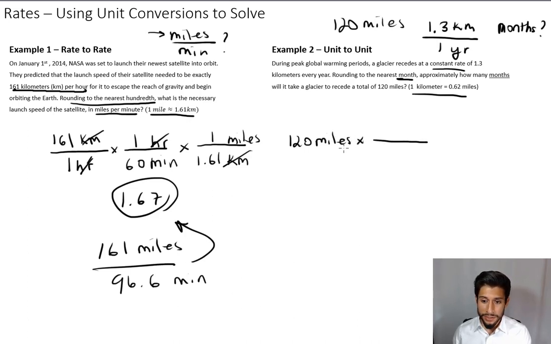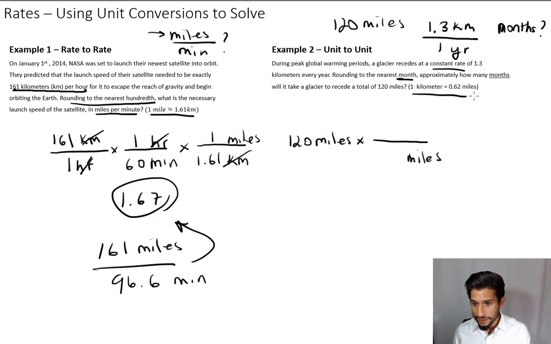And you're going to set up this thing, the multiplying cascade, right? So because I have miles right there, immediately, I don't even think about what number goes where. I know that I need to cancel it, so I'm going to immediately put miles at the bottom. And then I look around my word problem and I find where else do I see miles?